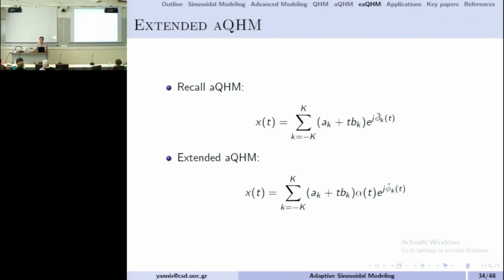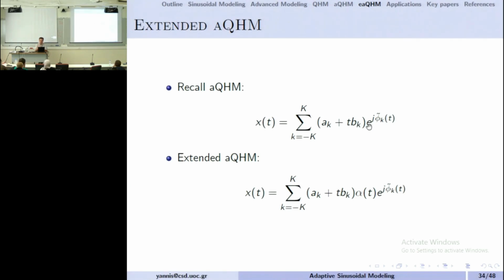So now we go to the extended adaptive quasi-harmonic model. You probably recall that the adaptive quasi-harmonic model is this one. But if I isolate the part inside the parenthesis, this part is a phasor which has amplitude 1.